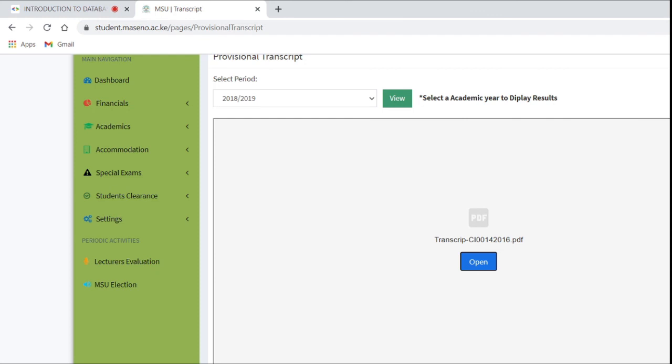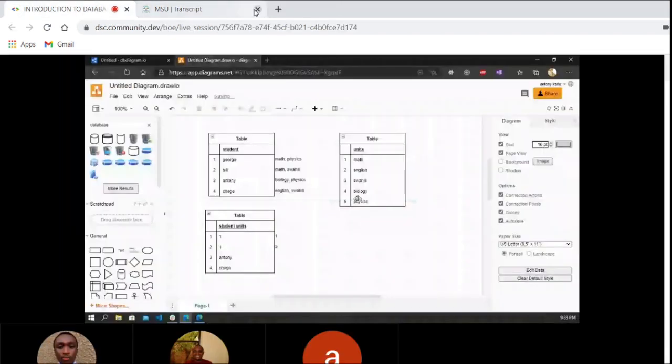It would be George doing number 5, physics. Number 3 would be 2, that is Bill, doing 1, maths.